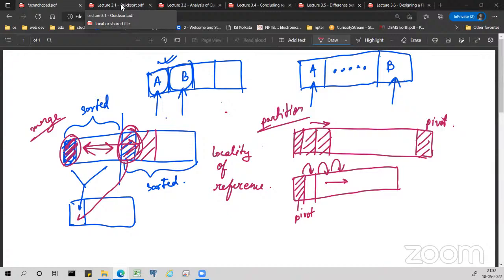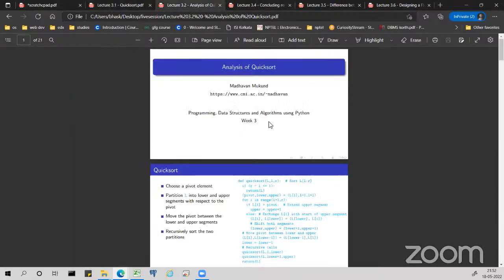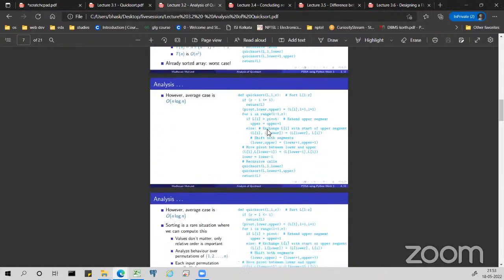Okay, so quicksort is also done. Just a quick query. In PDSA, graded assignment solutions will not be provided, that is what I understand. Correct?